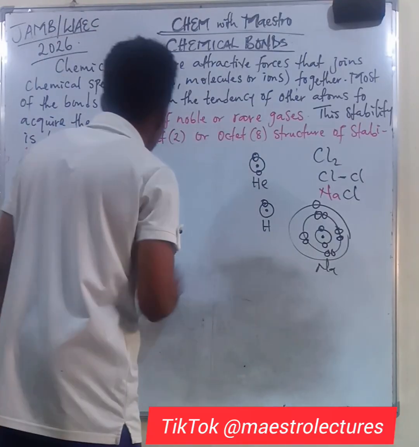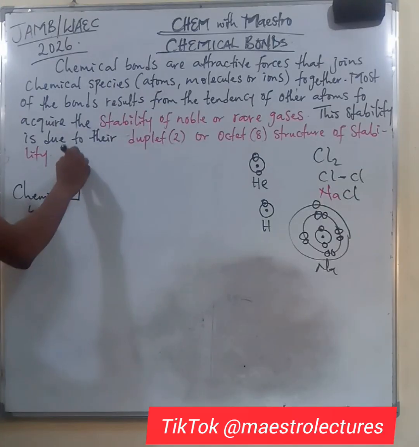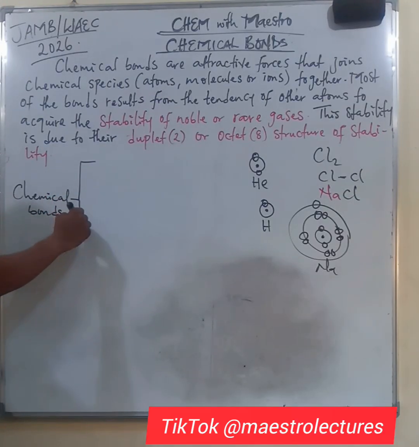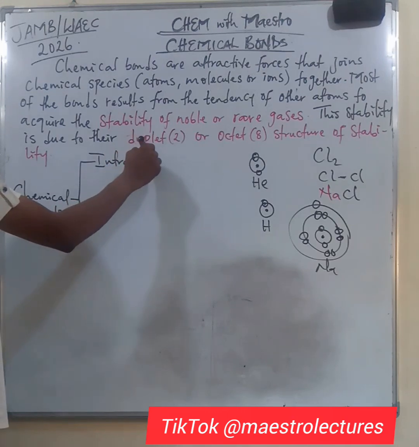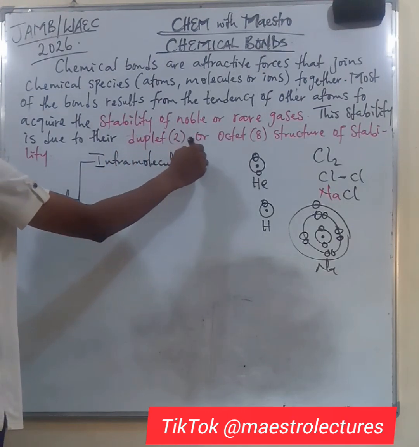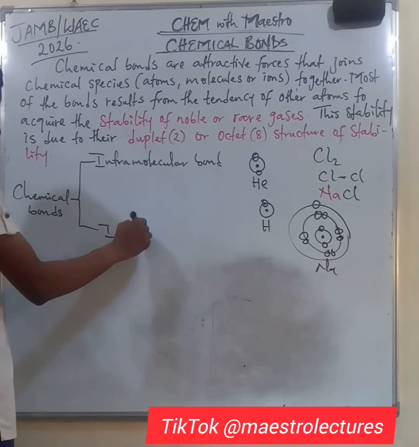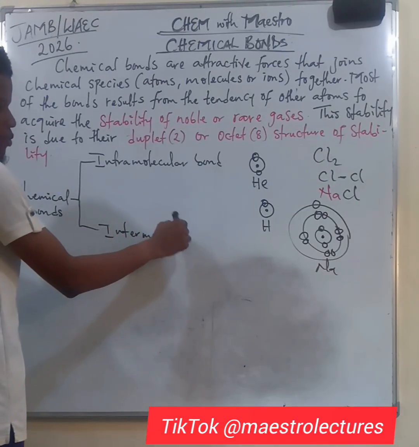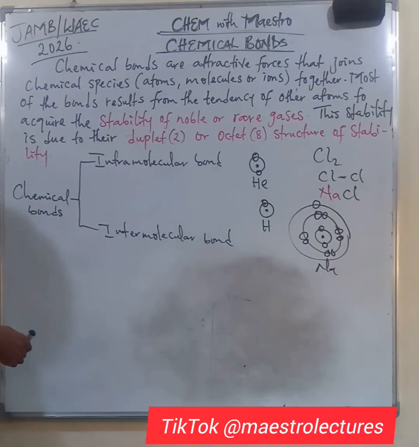Now, having gone through this, chemical bonds can be broadly divided into mainly two. We have the intramolecular bond, and then we have the intermolecular bond. Now, what is the intramolecular bond?